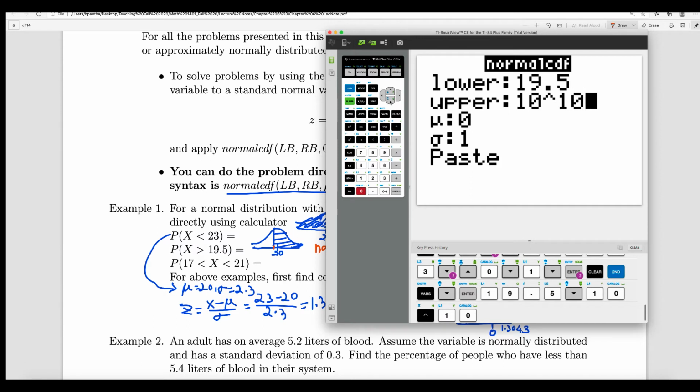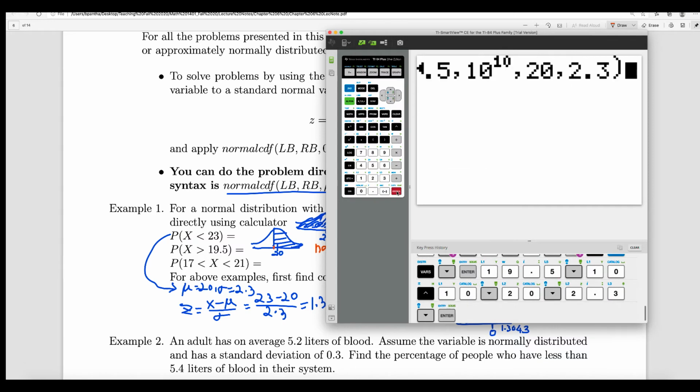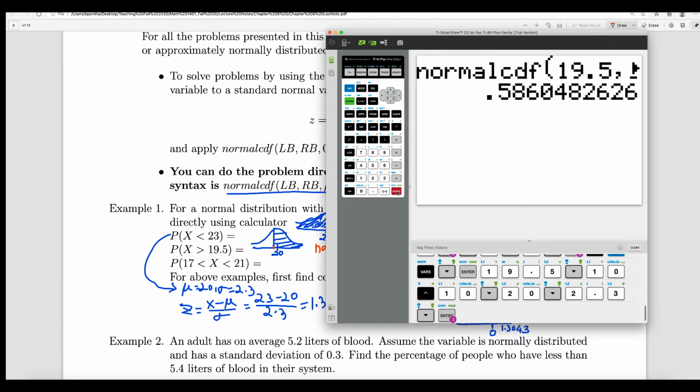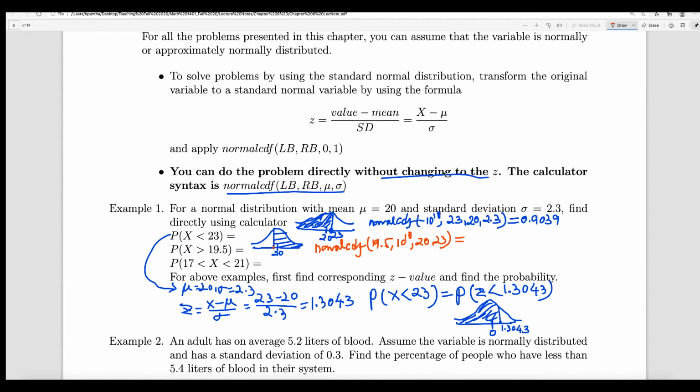The mean is 20 and the standard deviation is 2.3. Then you go down and hit enter. This is what you get, 0.5860. That is 58.60% lies above 19.5, or you can say 58.60% of the population, or the data, are bigger than 19.5.